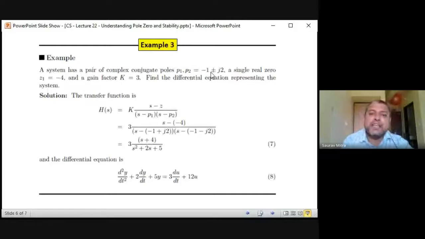So you have to say that this is a pole, minus 1 plus minus j2, because it is a complex pole. It is not possible that there will be only one pole, minus 1 plus j2, with minus j2 absent. It has to happen in terms of conjugates. So the complex poles are minus 1 plus minus 2j.